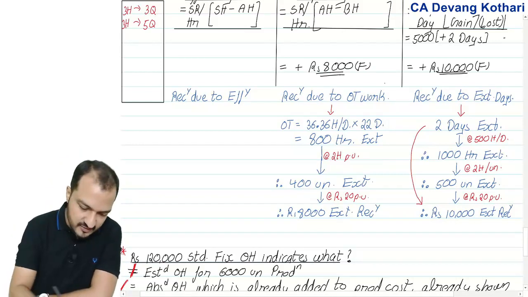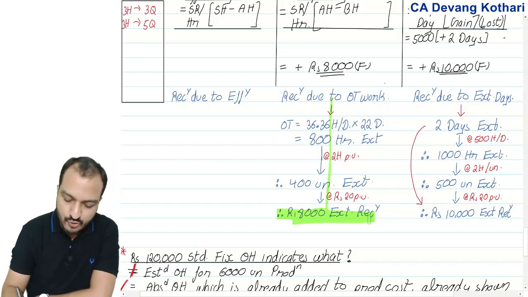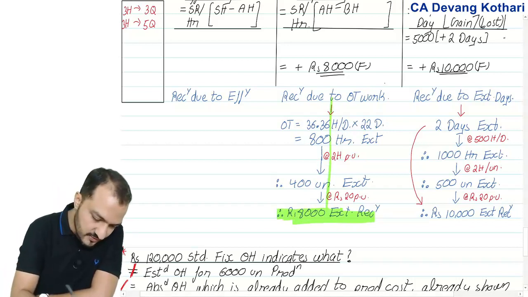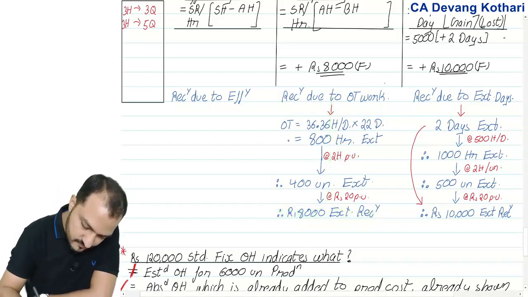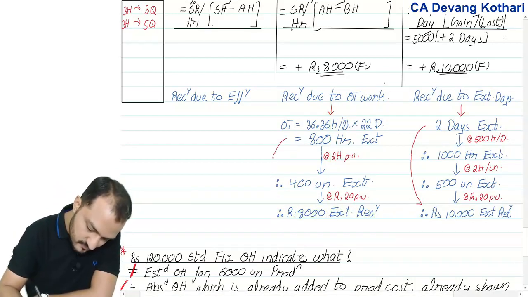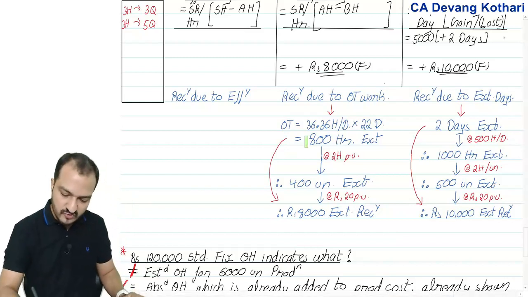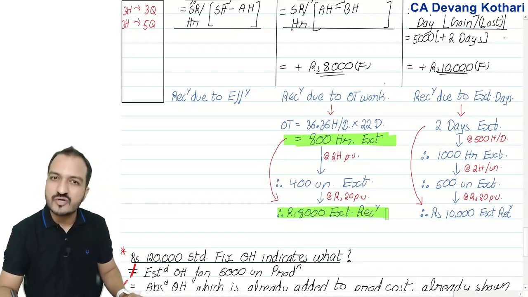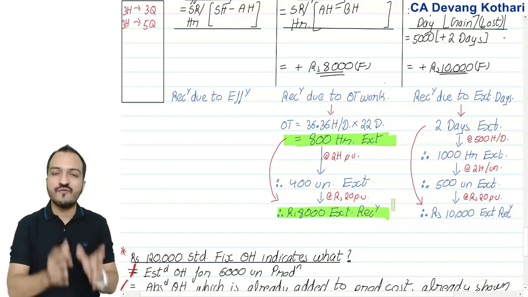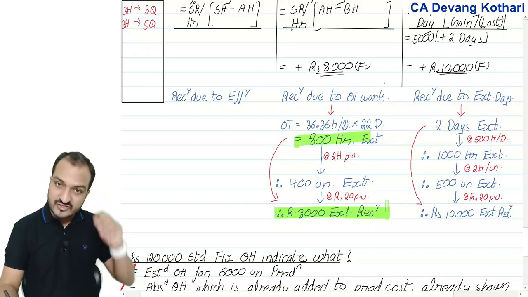Well, instead of calculating that 8,000 by such a long process, you could have calculated 8,000 directly from 800 hours extra. You identify the overtime hours and you can convert that directly into extra recovery.